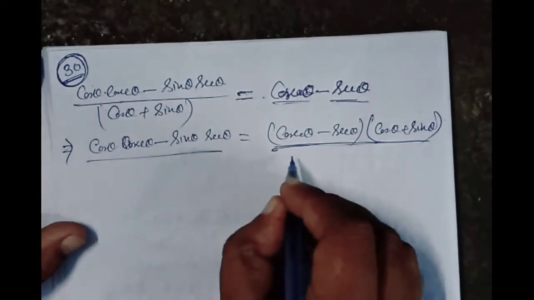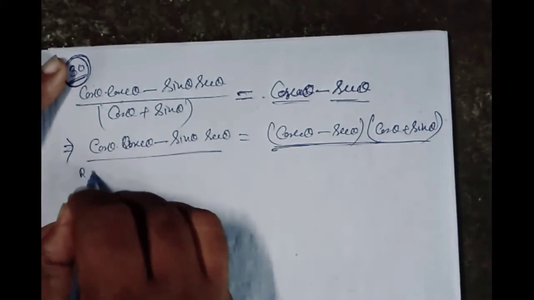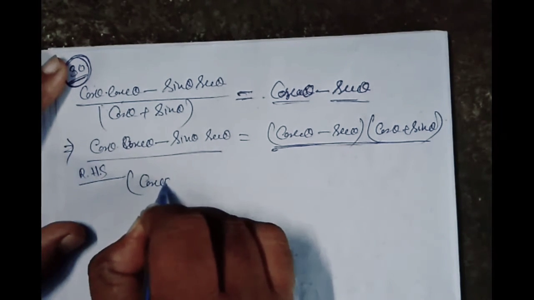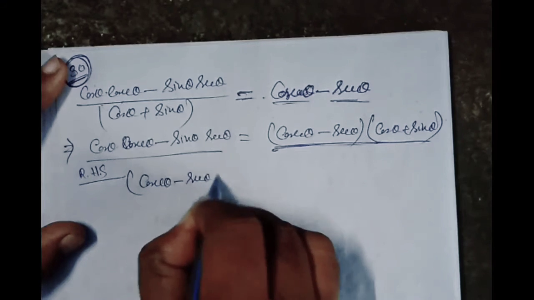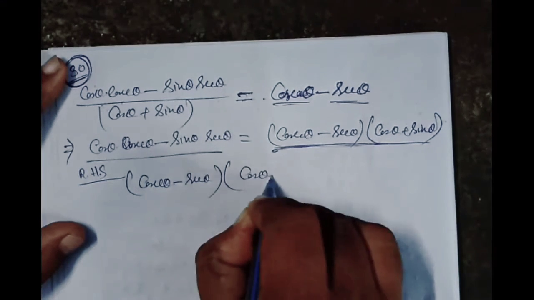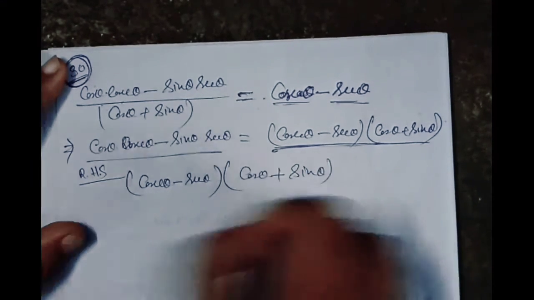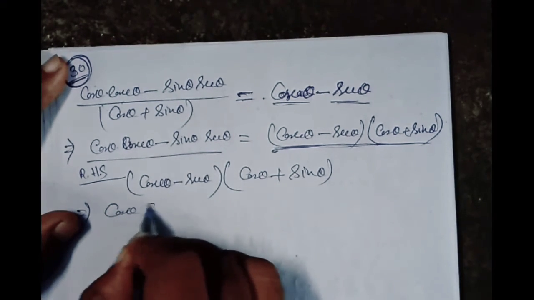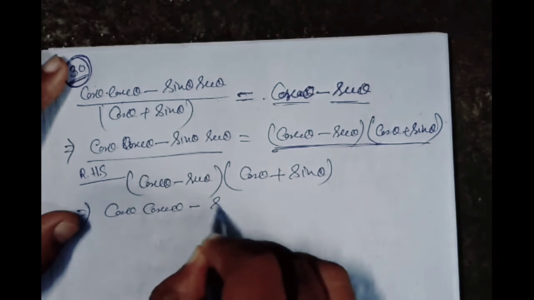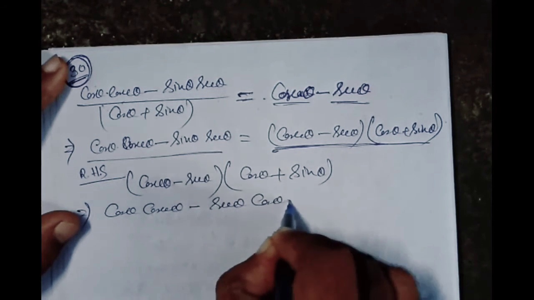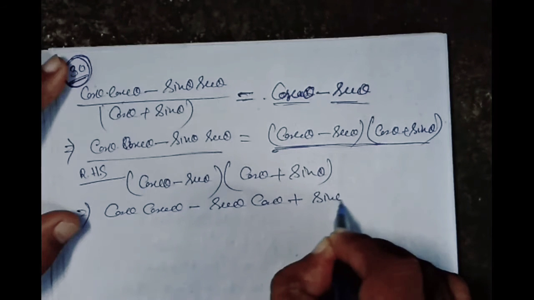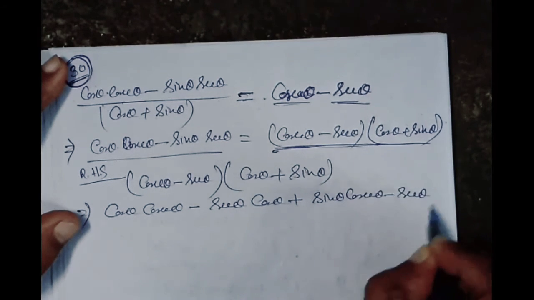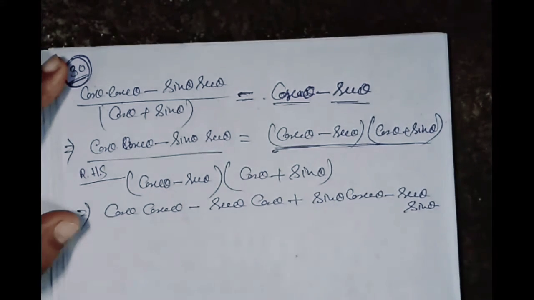So first we should take the RHS, that is (cosec theta minus sec theta) (cos theta plus sin theta). This is cos theta cosec theta minus sec theta cos theta plus sin theta cosec theta minus sec theta sin theta. Okay.